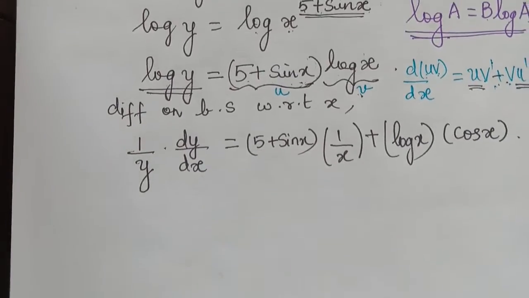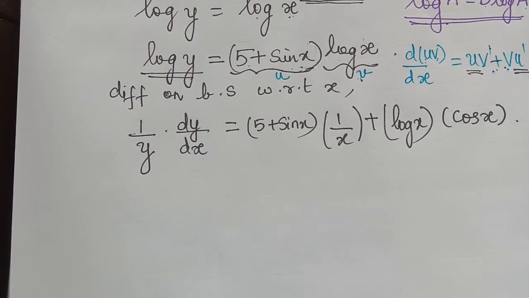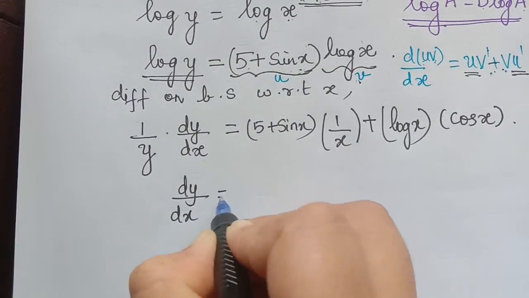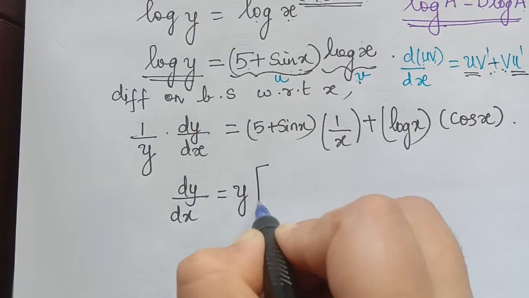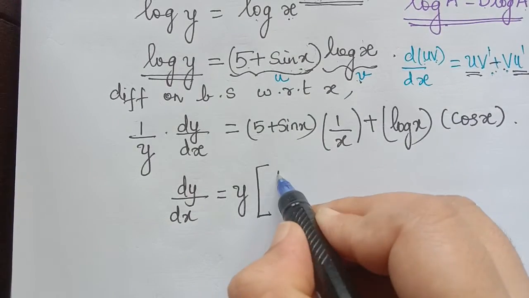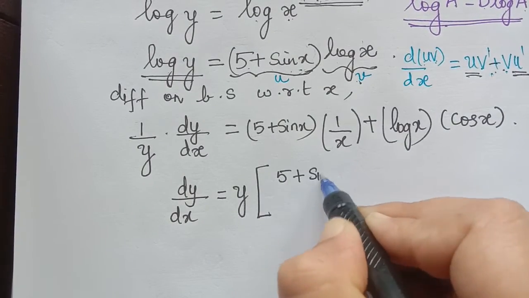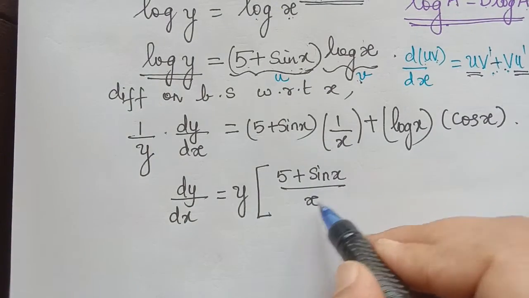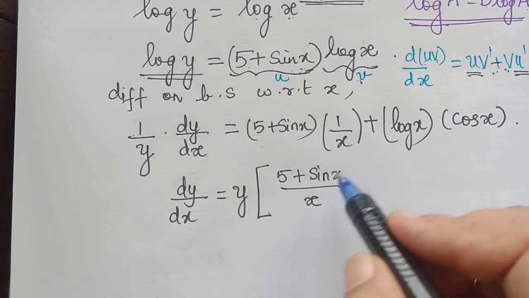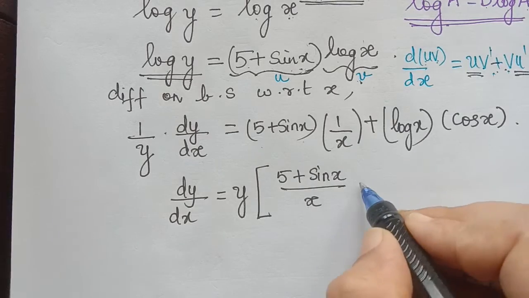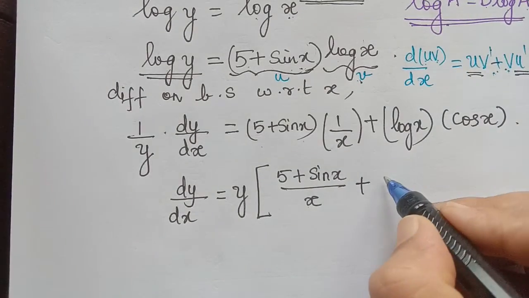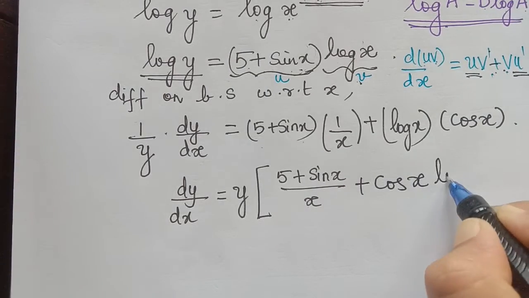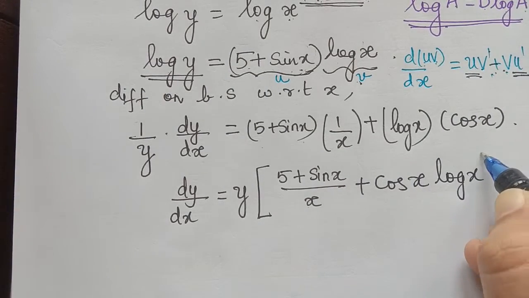Now taking this y to the right, we will get dy by dx to be equal to y multiplied with, now here we have 5 plus sin x divided by x, plus let me write this cos in the front in order to make it simple, so cos x log x.